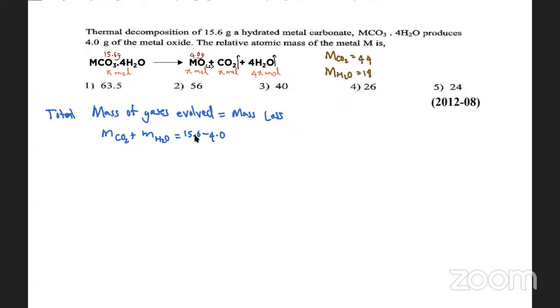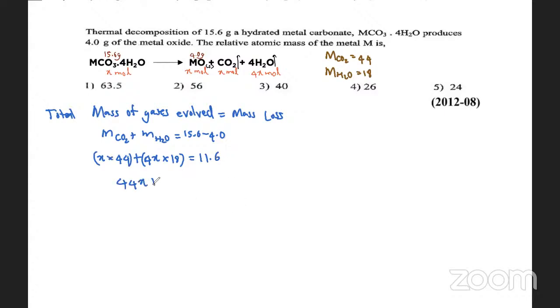So the mass of carbon dioxide is the number of moles X multiplied by the molar mass 44. The mass of water is the number of moles 4X multiplied by the molar mass 18, and on the other side 15.6 minus 4 is 11.6.